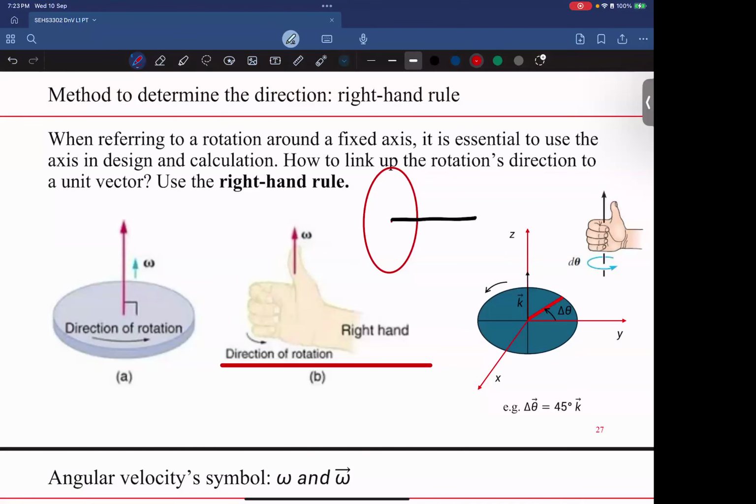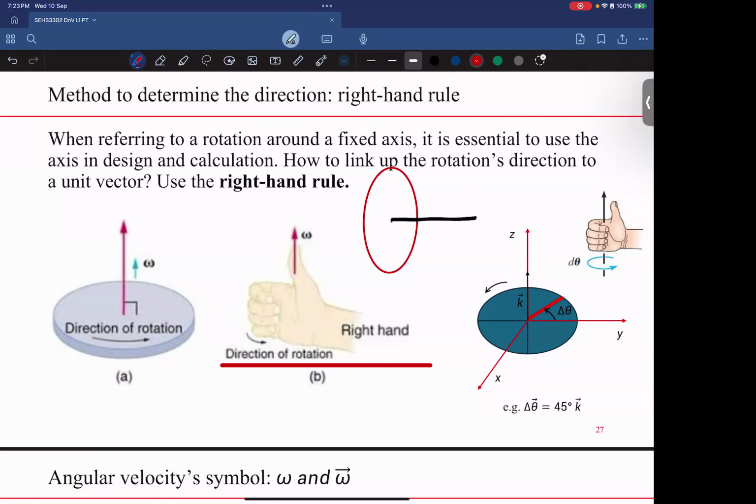For example, if it rotates clockwise, then we will find this way does not work anymore. We need to do it on the other side. Our four fingers should be in this way to indicate the rotating direction, and you can see my thumb went inside of the wall.